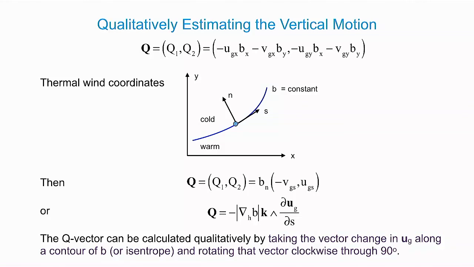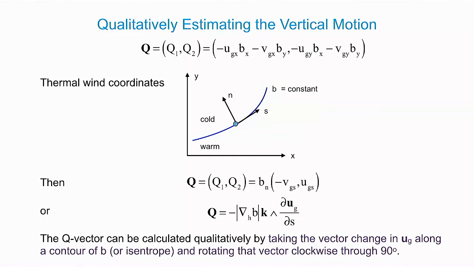So say the isentrope is pointing that way. There's my new coordinate system. I can do that. It's completely arbitrary where I point x. But when I do it, let's relabel it. Let's call that S and let's call that N, just to remind myself that's what I've done. Here's the isentrope, B equals a constant. I'm going to choose my N to point towards the cold side and S to point along the isentrope.